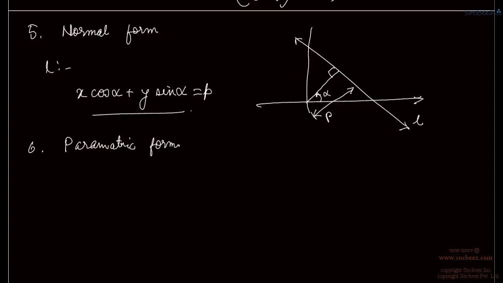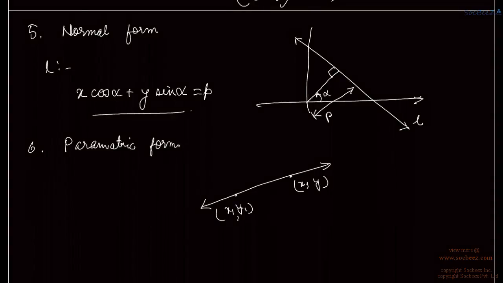Say in a straight line, say this is a straight line. Okay, we have one fixed point, say x1 y1, and a moving point, say xy. And say we have a parameter r which denotes the distance between these 2 points. So as xy moves, this r changes, so r is also a variable.